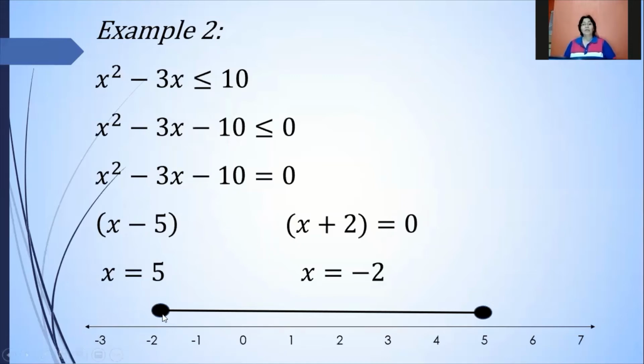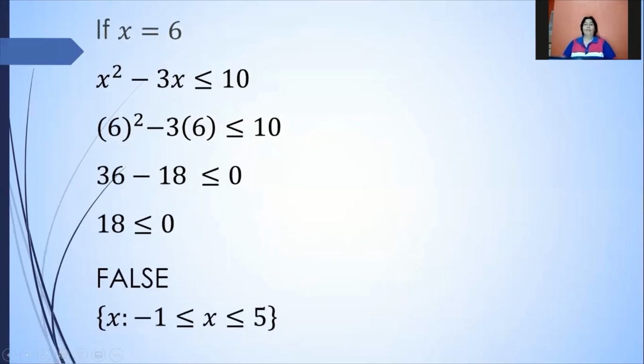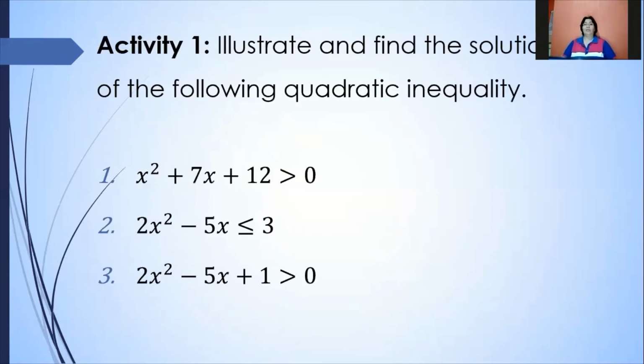Now, from here to that point are the values of x, where x is greater than -2 but less than 5. This one is the final answer.